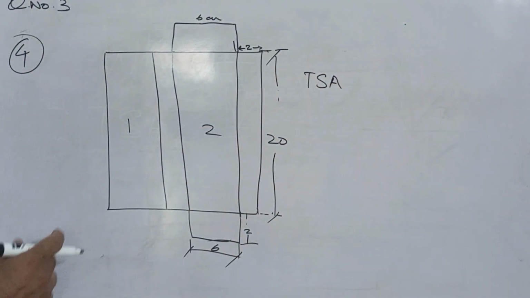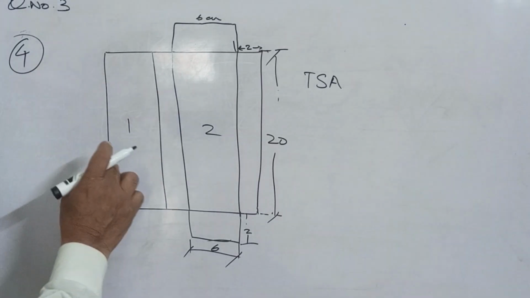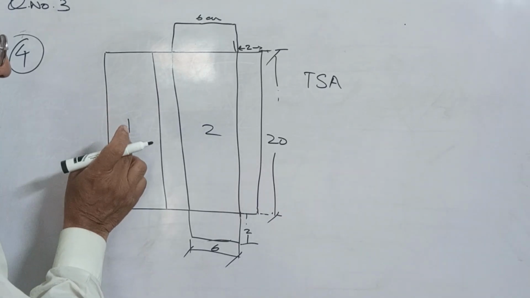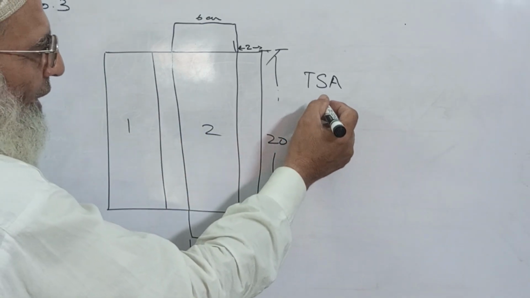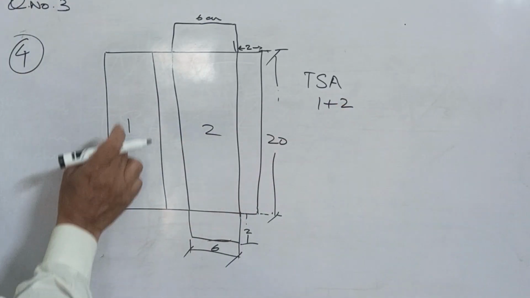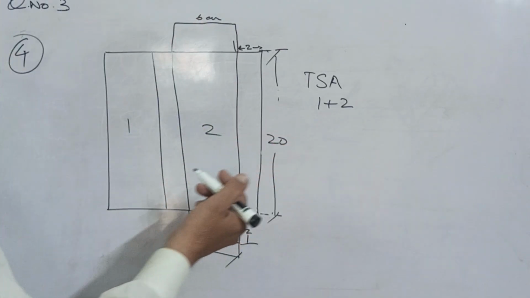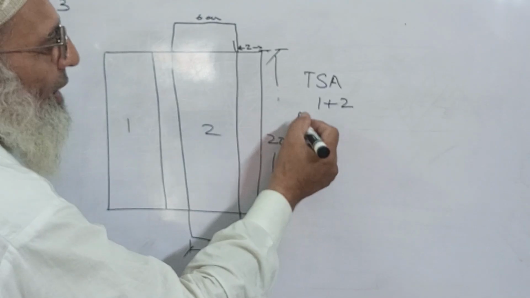I am going to do it stepwise. First I will do the area of the two rectangles which are 1 and 2. All the dimensions are given to us.